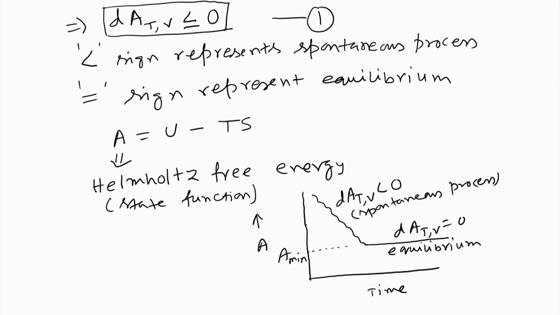Okay, so, a process when dA at constant temperature and volume is greater than 0 cannot be a spontaneous one unless we do some work, okay, and make the process spontaneous.